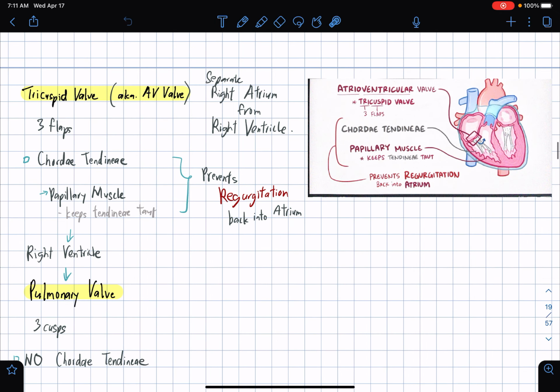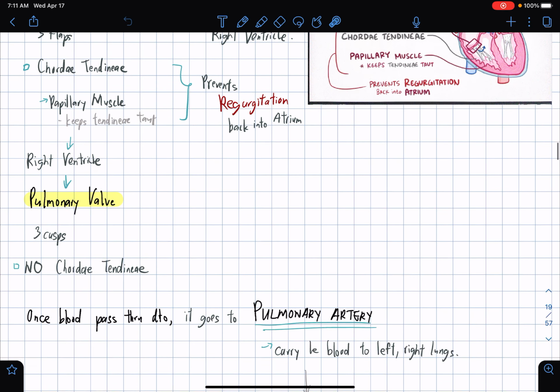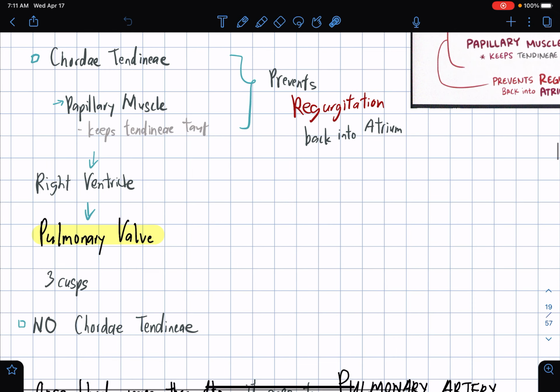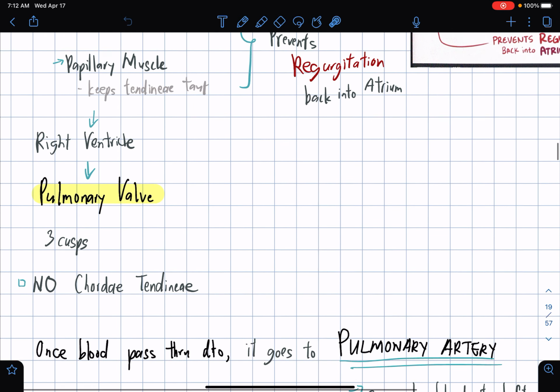So you don't want blood to flow back. It has to maintain its proper flow throughout the circulatory system, and eventually will reach the right ventricle, and the blood will eventually reach the pulmonary valve.